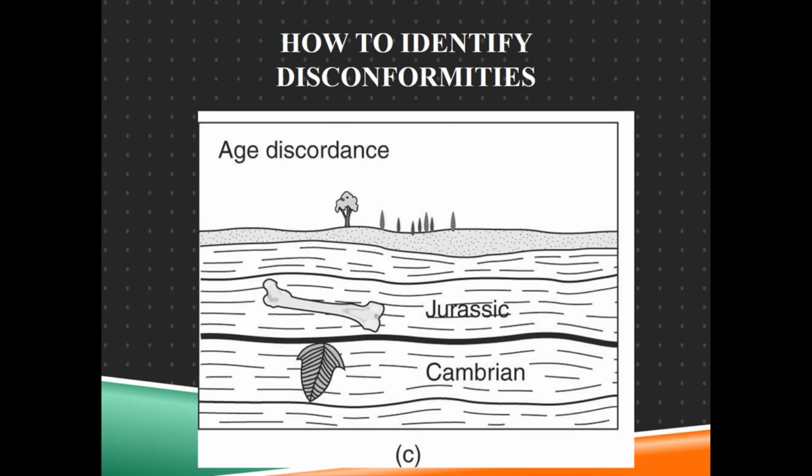Triceratops was Cretaceous, by the way. So Jurassic Park should have been called Cretaceous Park for anybody who's watched that movie. But here we have a Jurassic bone sitting directly on top of a layer containing a Cambrian fossil. There's a bunch of time periods between there. There's time missing.